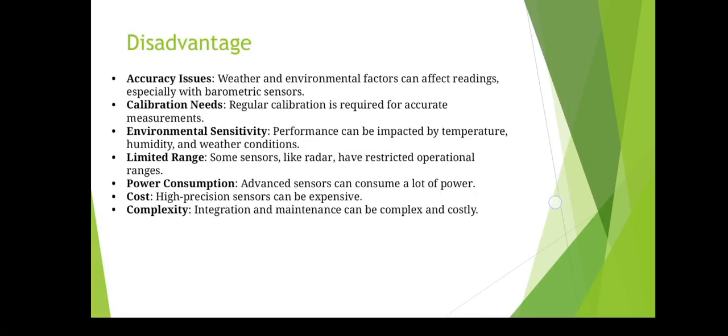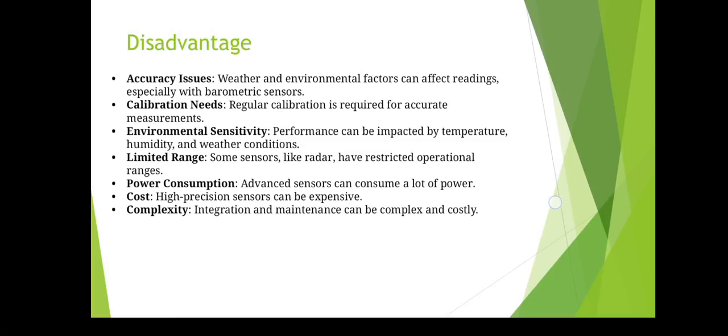Let's see the disadvantages of altitude sensors. First is accuracy issues. Weather and environmental factors can affect readings, especially with barometric sensors. Second is calibration needs. Regular calibration is required for accurate measurements. Third is environmental sensitivity. Performance can be impacted by temperature, humidity, and weather conditions.